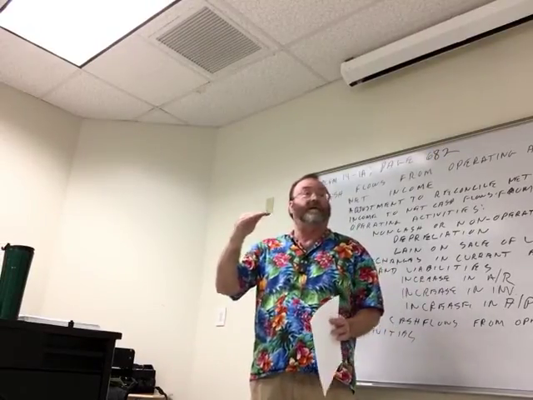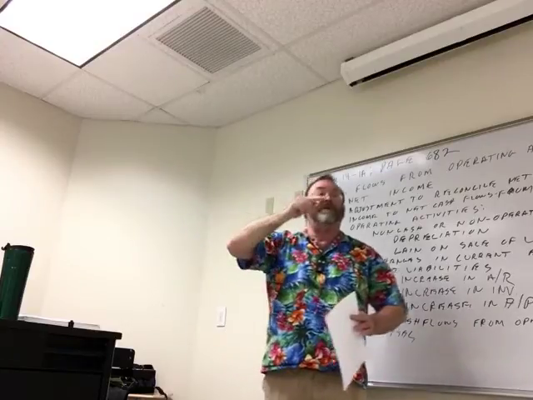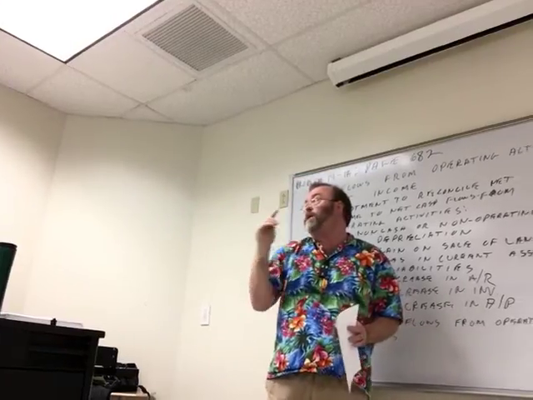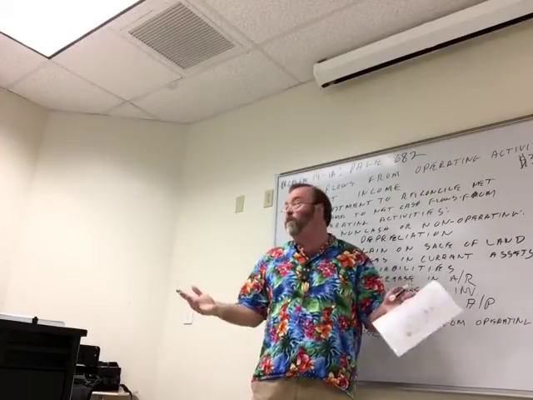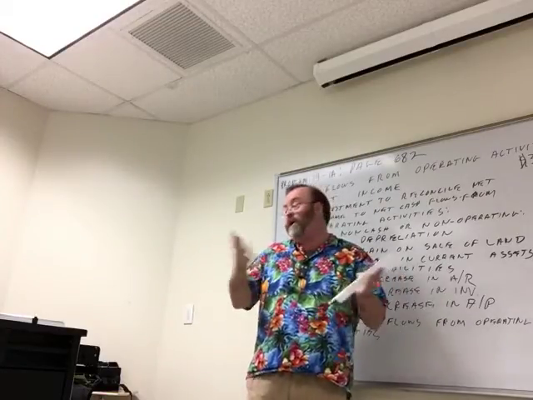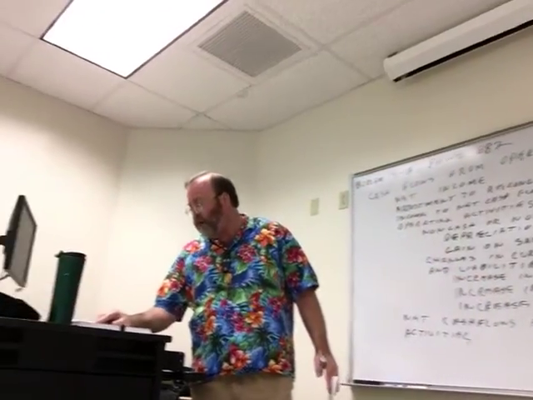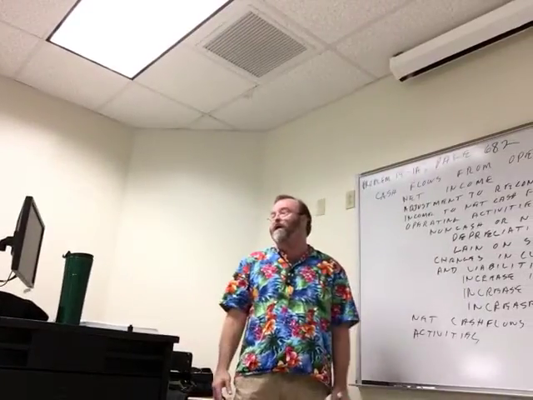So subtract the previous balance from the current balance and see whether or not did cash go up, did accounts receivable go down, what happened to inventory, what happened, in this case, they've got investments, they've got land and equipment, they've got accounts payable, they've got accrued expenses payable, a dividend payable, common stock, paid-in capital, and retained earnings. So get the net change of every item on the balance sheet.